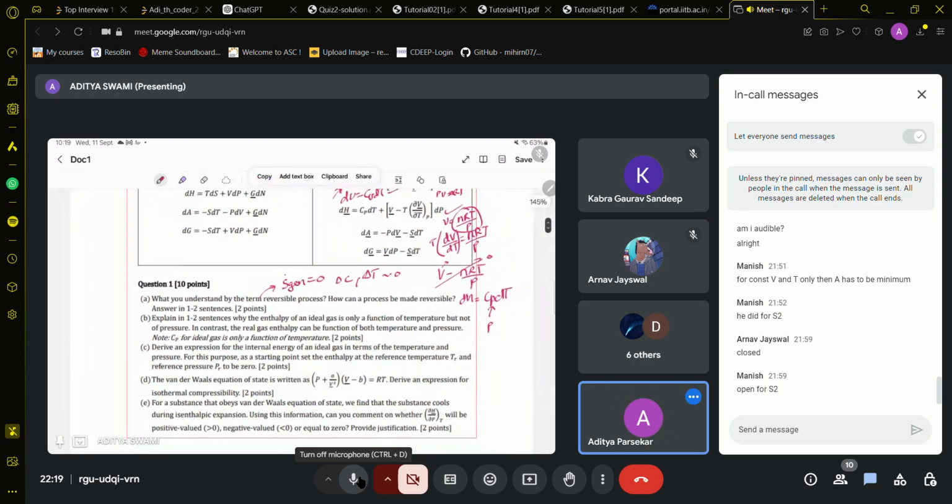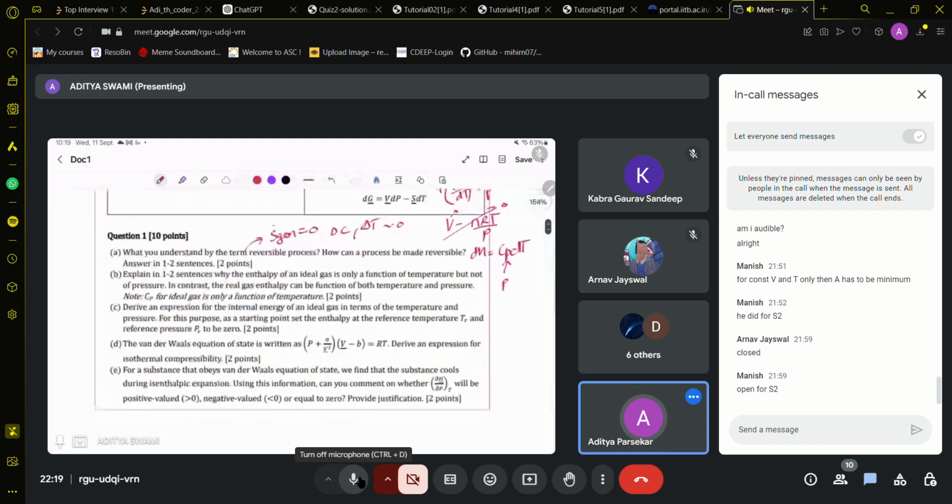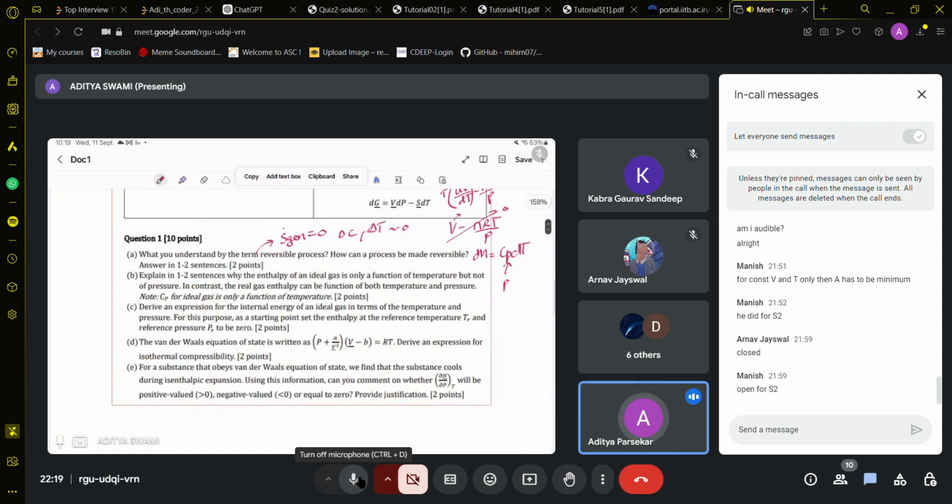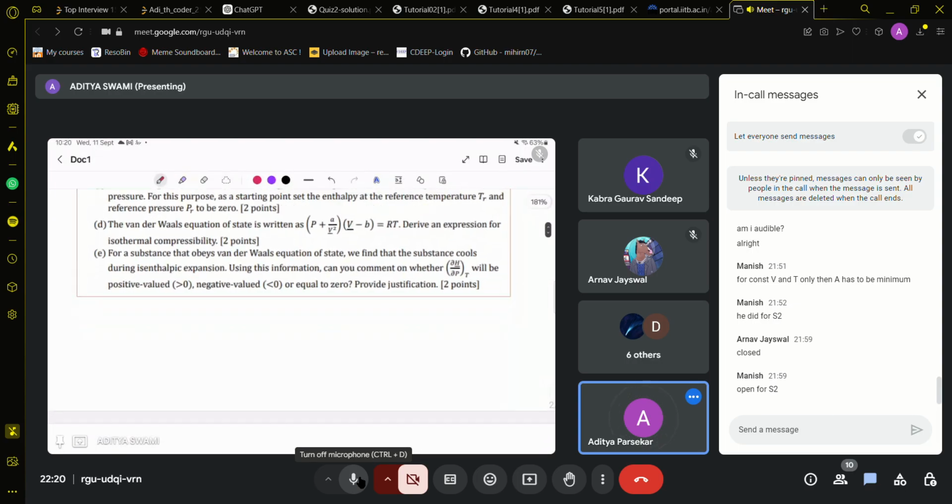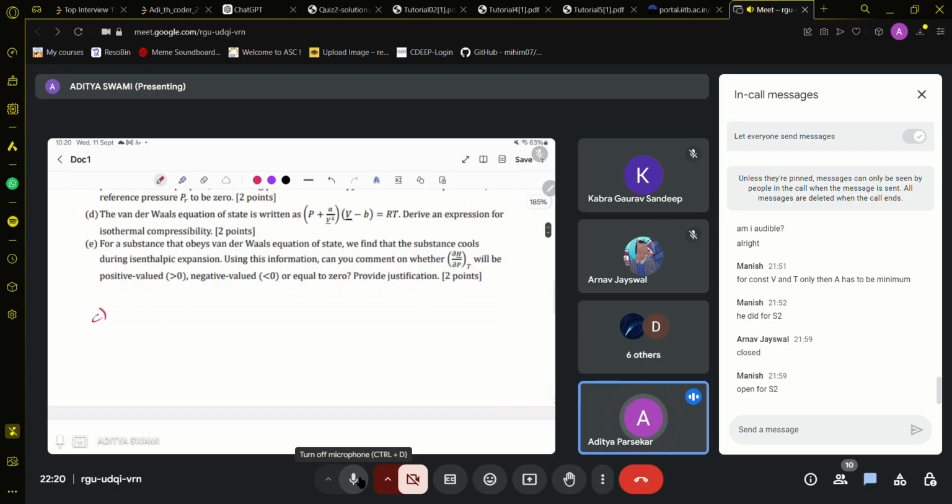Okay, so for the next question, derive an expression for the internal energy of the ideal gas in terms of temperature and pressure. We know that H bar is equal to U bar plus PV bar, and for ideal gases, H bar is equal to U bar plus RT.